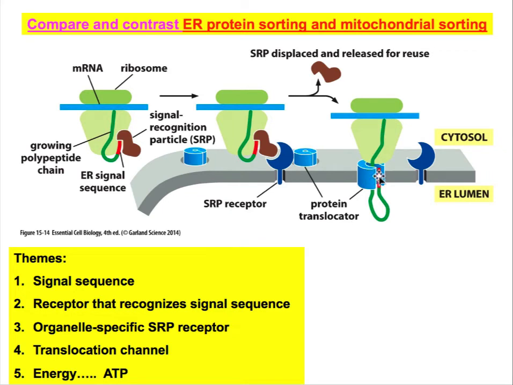And the protein translocator binds to the signal peptide sequence, the signal sequence, and then pushes the growing polypeptide chain in a hairpin manner into the lumen of the organelle. And this process is dependent on energy, but the energy comes from the hydrolysis within the ribosome using GTP.